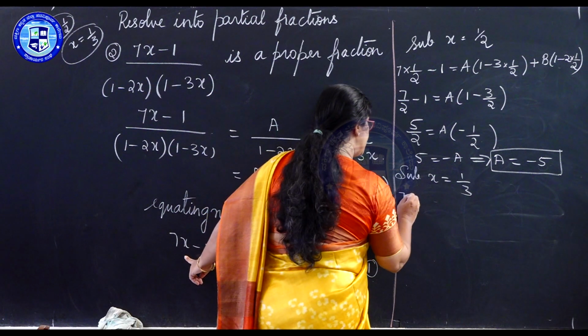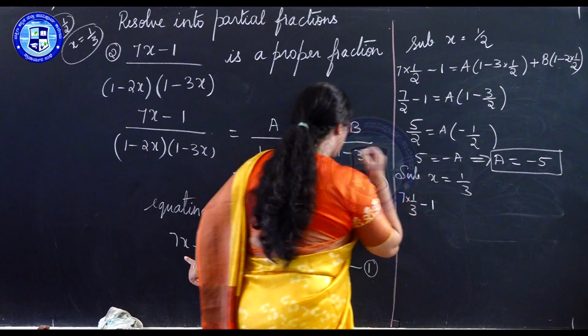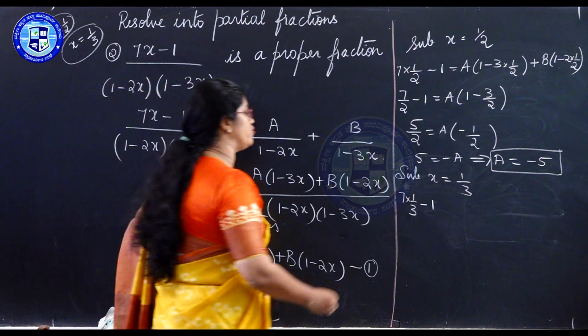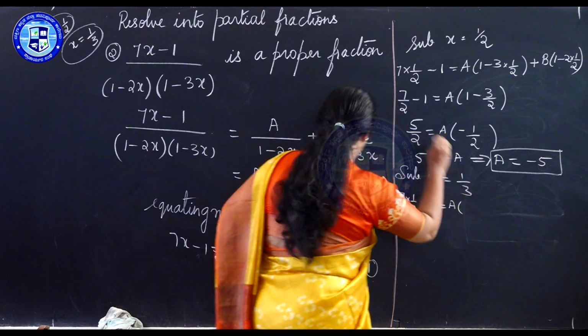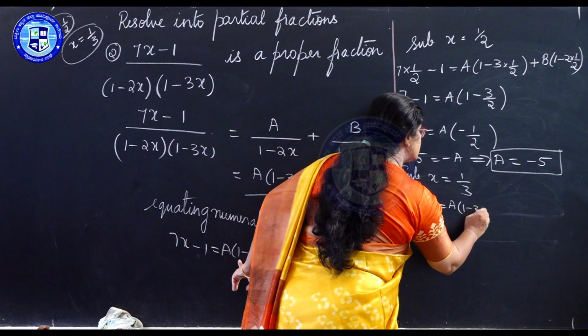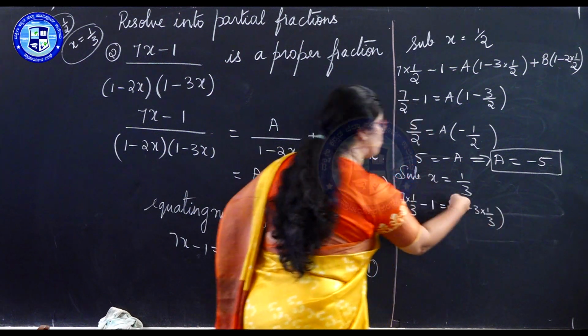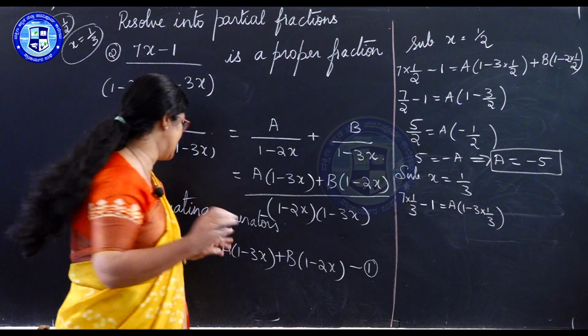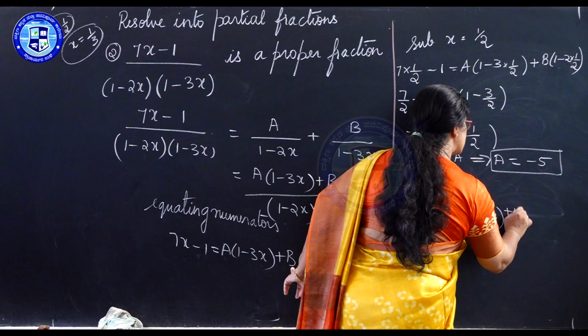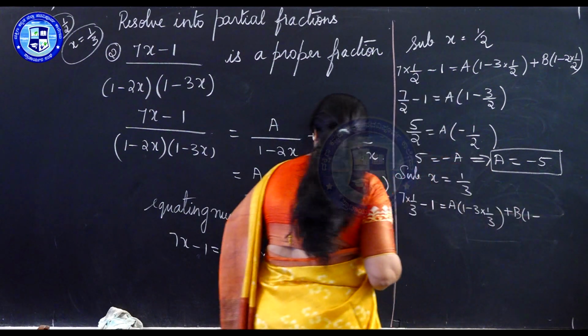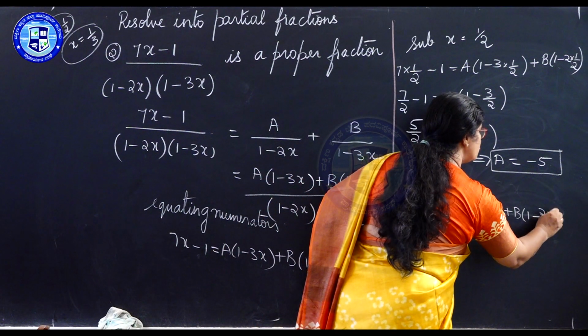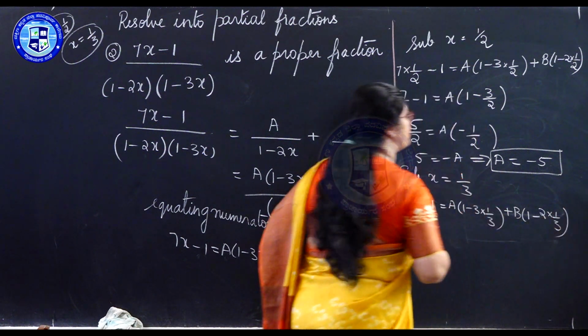So 7 into 1 by 3 minus 1 is equal to, now you know that a is getting eliminated. 1 minus 3 into 1 by 3, you know it's becoming 0, very nice. Next one, plus b into 1 minus 2 into 1 by 3.